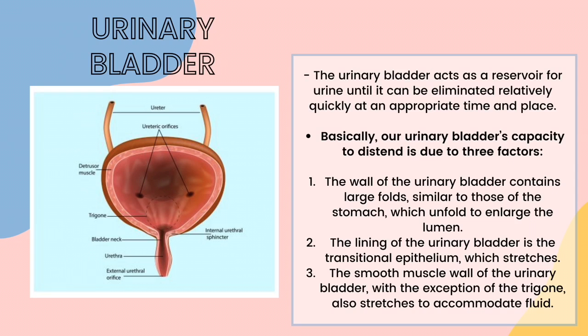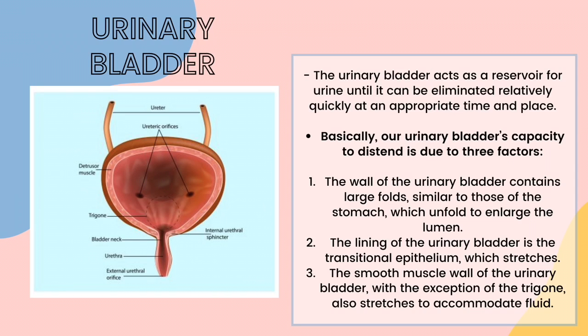So basically, our urinary bladder's capacity to distend is due to 3 factors. First, the wall of the urinary bladder contains large folds, similar to our stomach, which also unfold to enlarge the lumen. Second, the lining of the urinary bladder is the transitional epithelium, which also stretches.